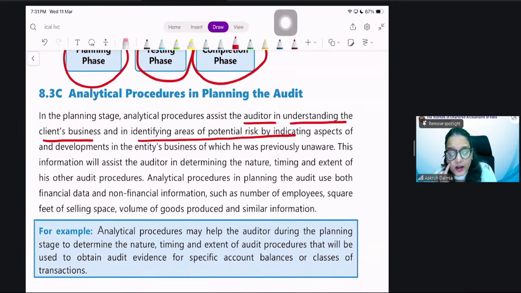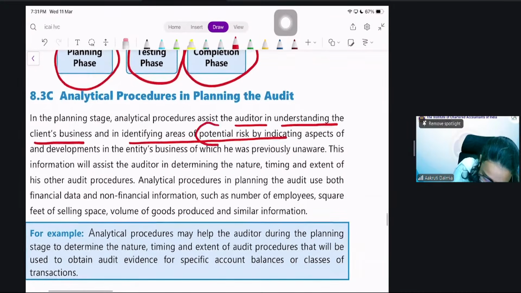If last year it was 10 lakhs and this year it has become 60 lakhs, does it become an area of risk? Yes. So that is how it helps during the planning stage itself. So, identifying areas of potential risk. Is it confirmed that it is a risk? No, it is a potential risk area.